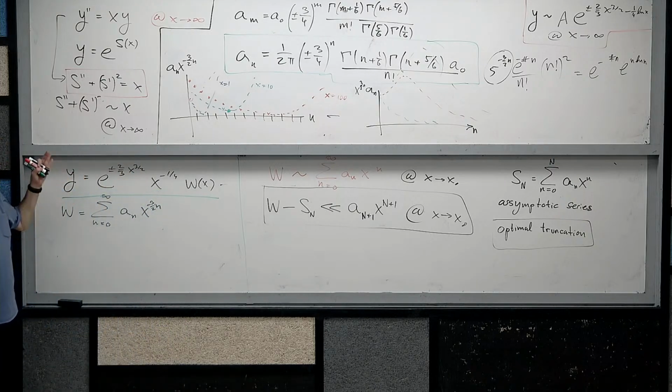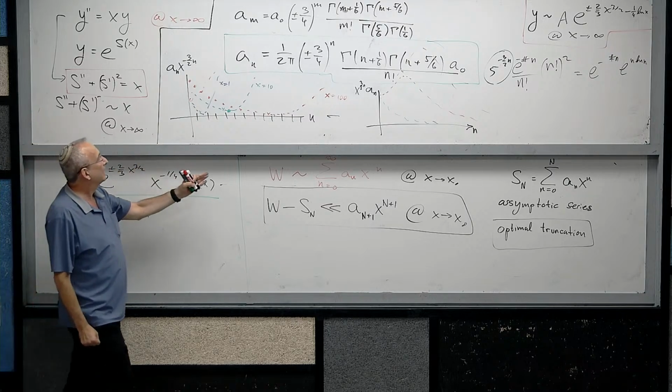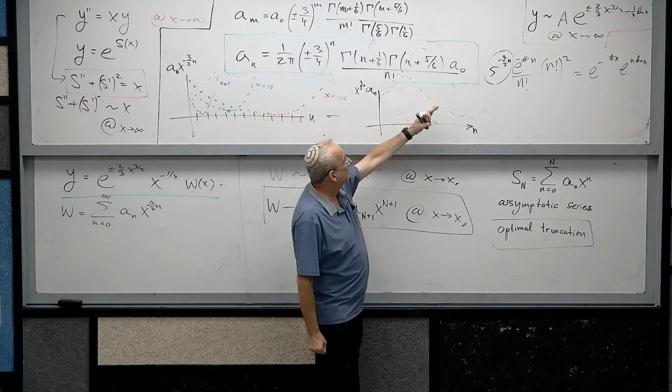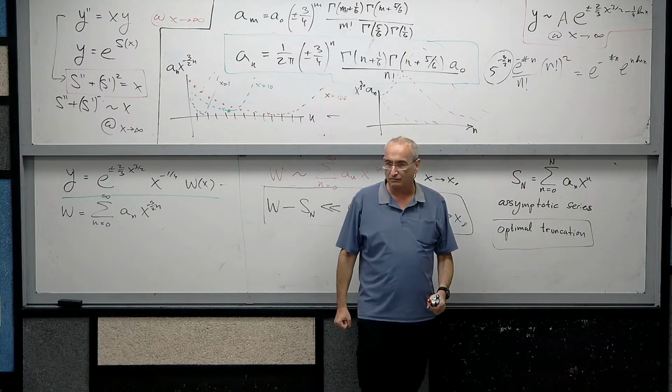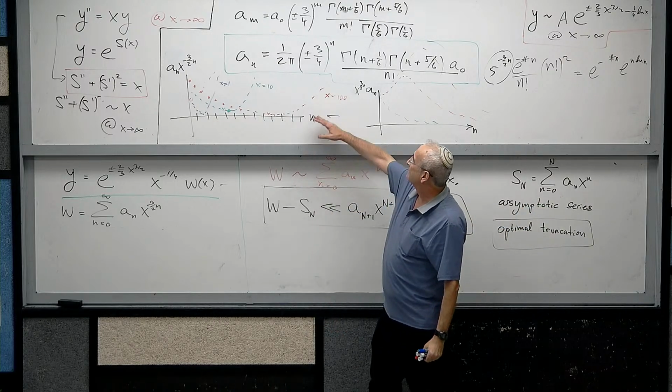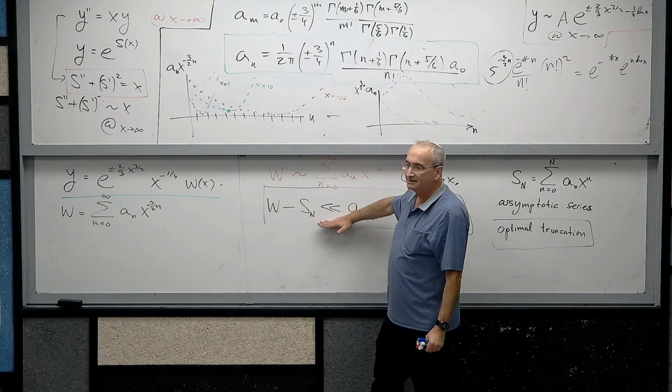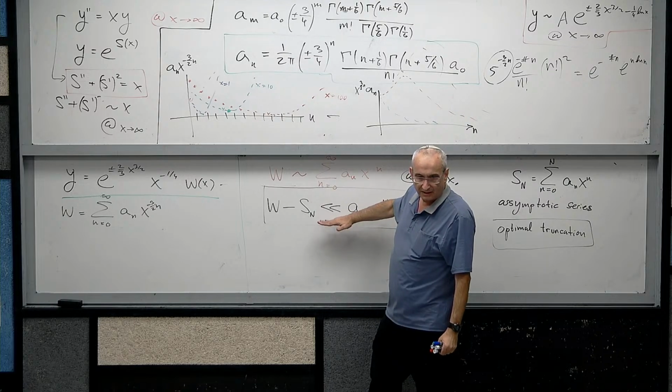arrived at the generic, from this Airy function story, which is important by itself, but Airy function has many applications. We arrived at the asymptotic behavior of the Airy function as x goes to infinity. We find out that it will be described by an asymptotic series.